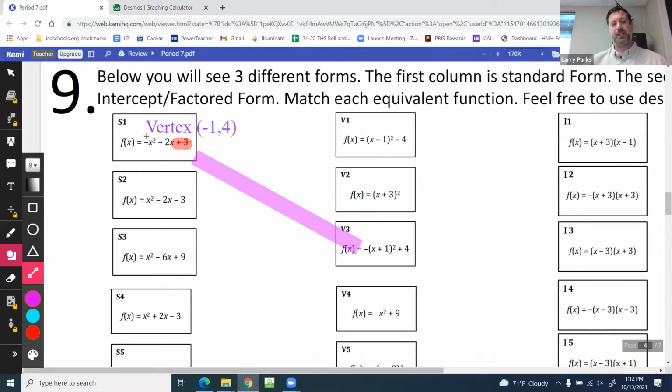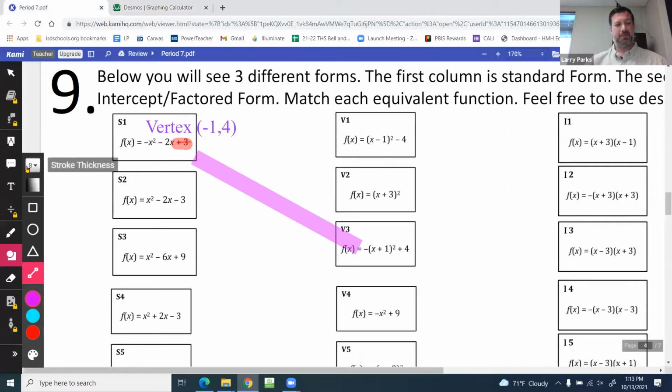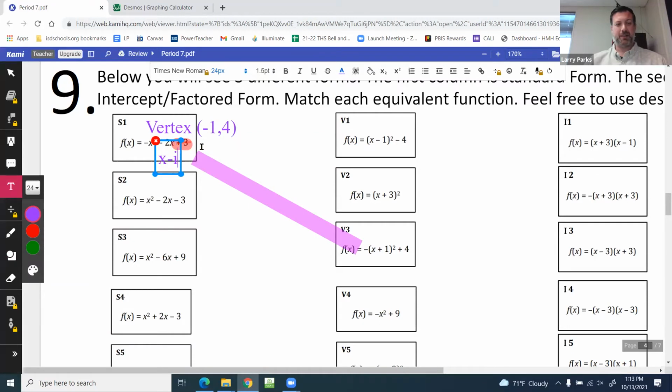Now, looking at this, if I factor this, I get the factored form. I'm going to go shortcut method, and I still have this graphed. I can see that the x-intercepts are -3 and 1.